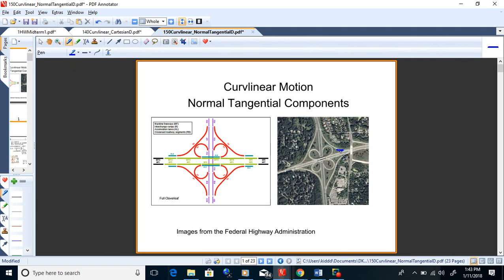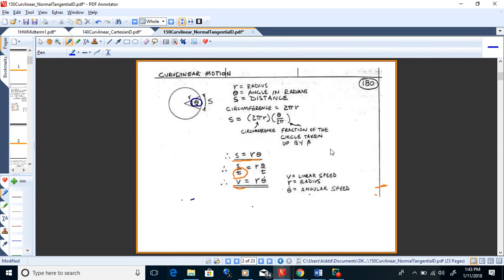And that relationship is the velocity is the radius times the angular speed. Now, if you took physics, I don't know if they use theta dot. They probably use omega, would be my guess. So theta dot and omega are the same thing. I'll just point that out.